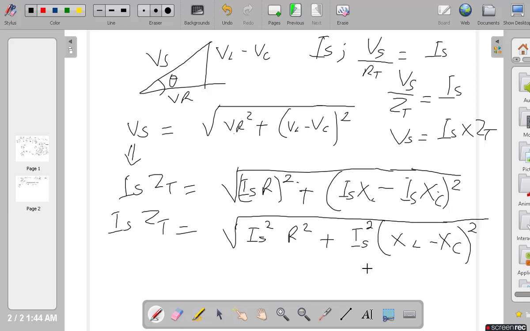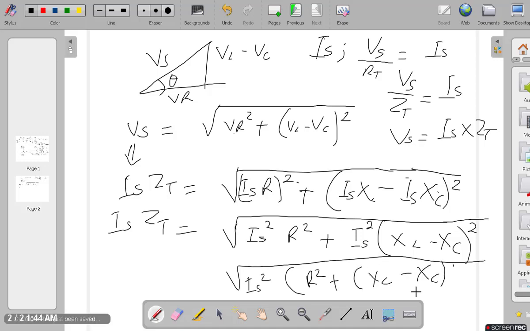Without violating the rules, within this bracket we get IS squared, and then we have R squared plus (XL minus XC) squared. Now it's not difficult to see that this is our IS Z total.